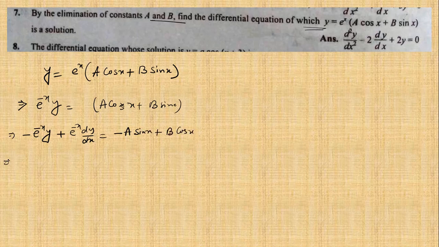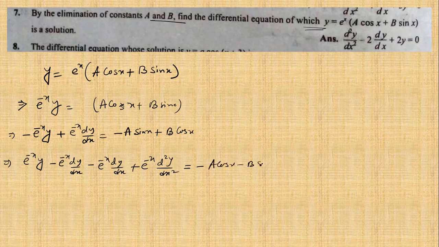Again we differentiate, so this becomes e^(-x) y minus e^(-x) dy/dx, minus e^(-x) dy/dx plus e^(-x) d2y/dx square, and this gives you minus a cos x minus b sin x.